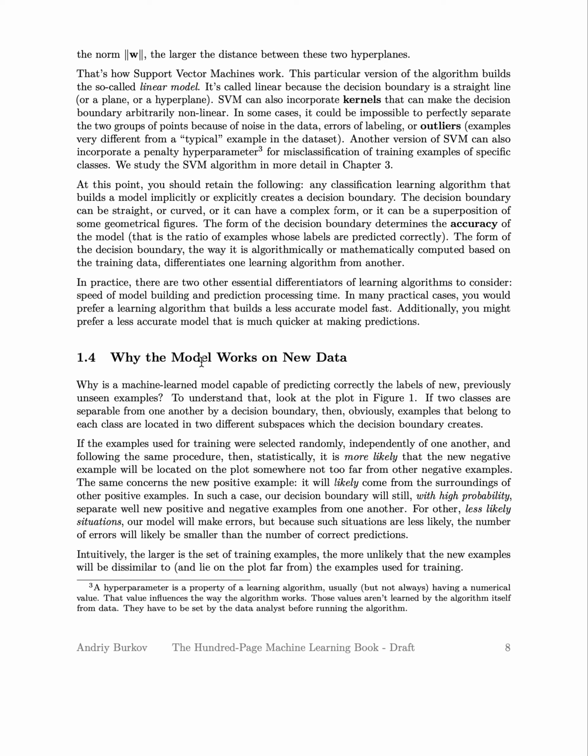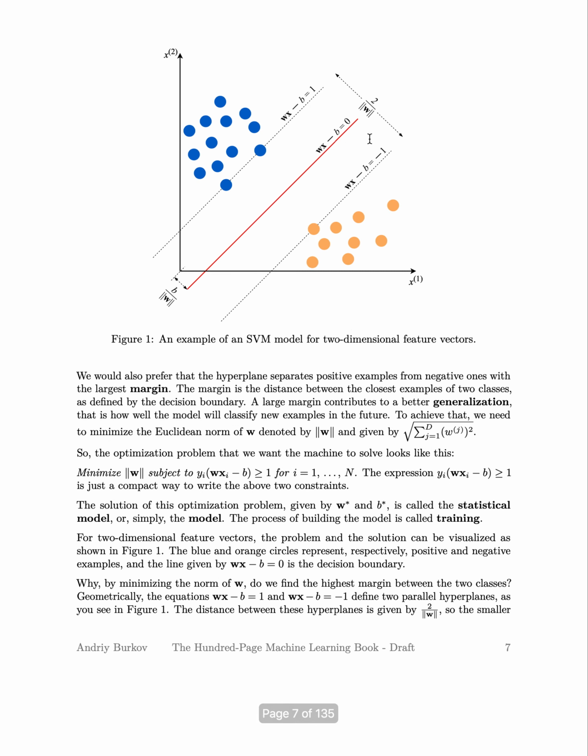So why does the model work on new data? Why is it capable of accurately predicting new data which it has not seen before? The way it does that is by using this decision boundary. If a new point falls, let's say here, it will know that this is a spam email, because it's falling with the rest of the spam emails, and it's falling on this dotted line, and on the other side of our red line.